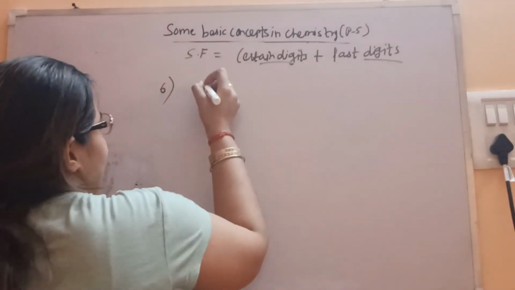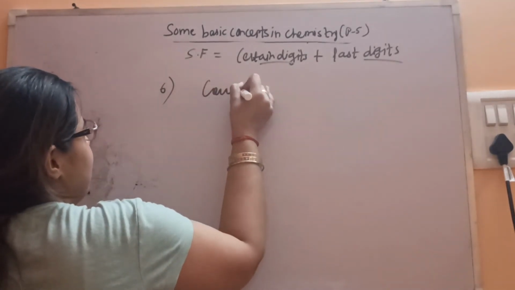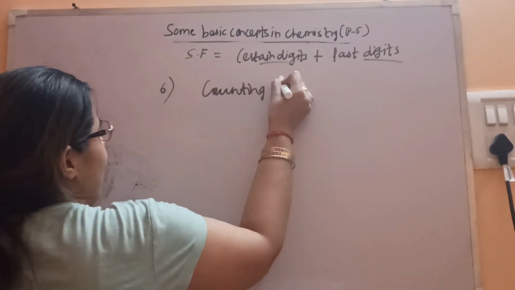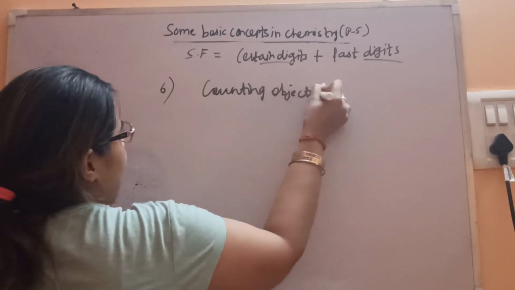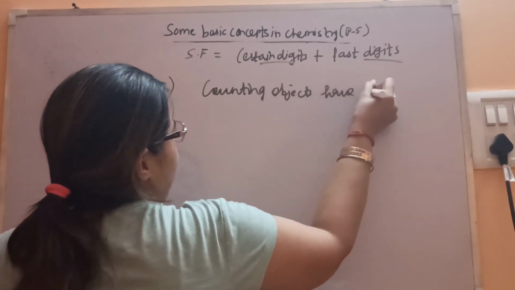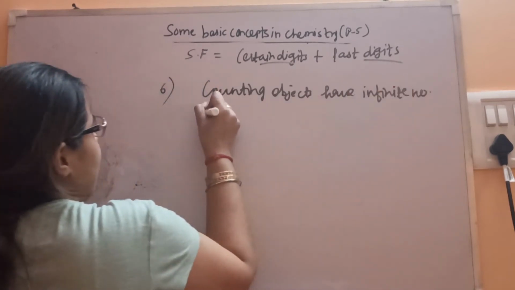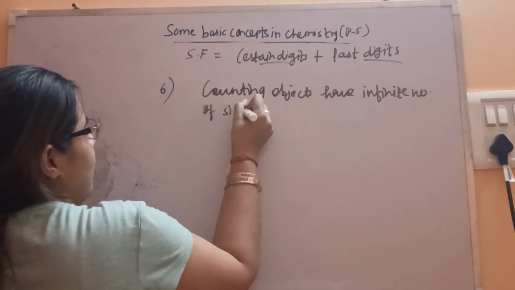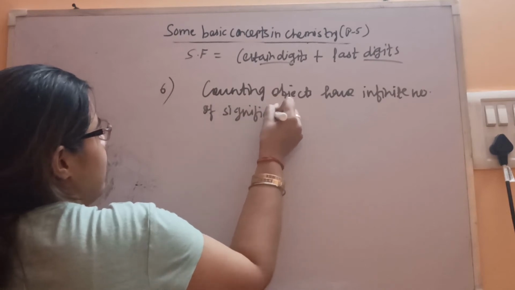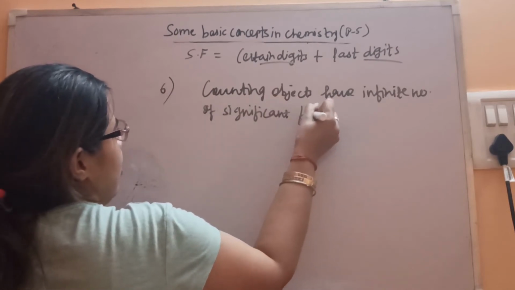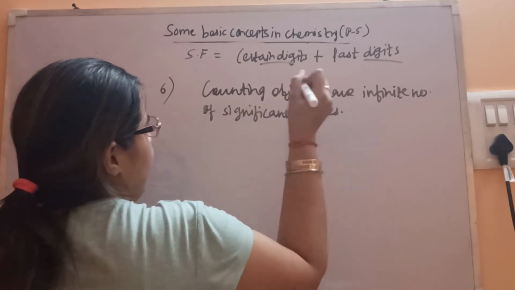The next rule is the sixth one: counting objects have infinite significant figures.